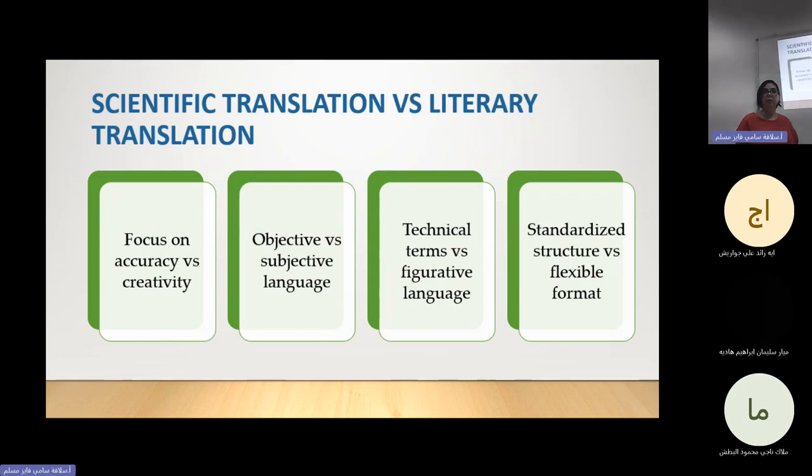Technical term لمين؟ One figurative language, figure of speech. أنت جميلة بجمال الوردة whatever. Okay, that's literary. Standardized لمين standardized؟ Scientific. شو قلنا؟ It's straightforward, okay? While flexible, it's for the literary, okay?